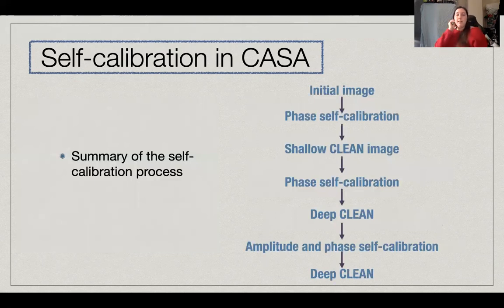So to summarize the self-calibration process, you initialize an image, you do an initial image, you do phase self-calibration, you do a shallow clean image, and then you do phase self-calibration, then you do a deep clean, and then you do your amplitude and phase self-calibrations, and then another deep clean.